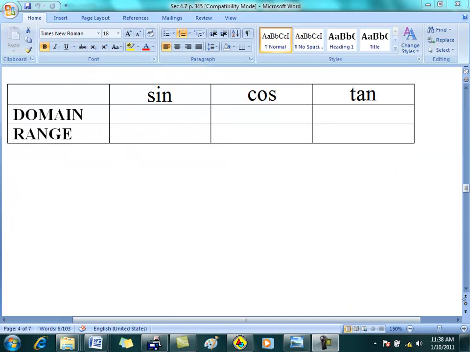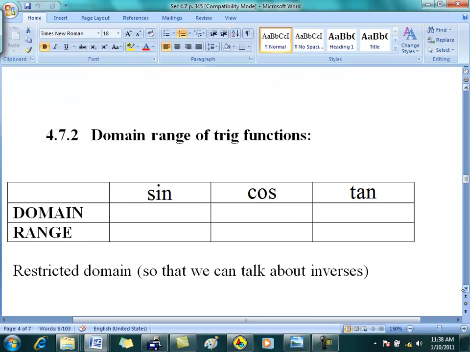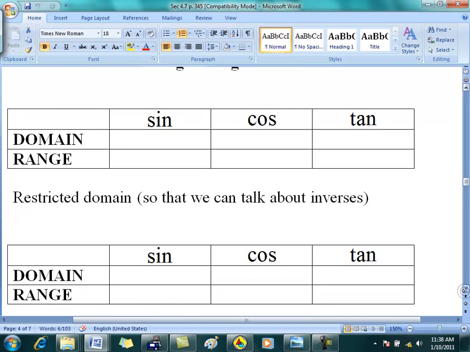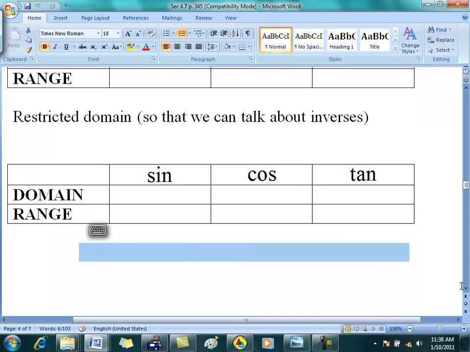So now what we need to do is restrict the domain and rewrite this table with the restriction in there. The restrictions are right there. So that's the domain of your sine, cosine, and tangent if you want an inverse. Can you guys copy that down in your notes? It's on the board there.